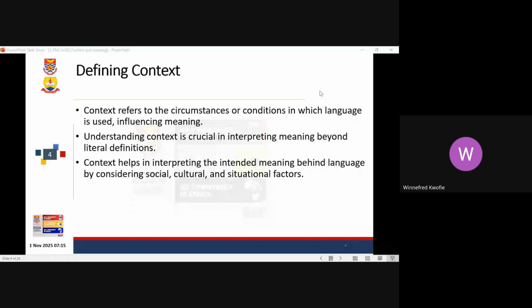Hello, can you hear me? Yes, madam. Okay. Can you hear? Okay. So what's the meaning of trunk? I've typed the sentence in the comment section.